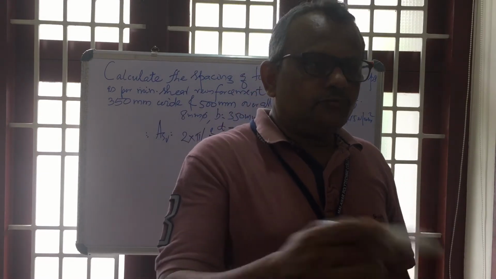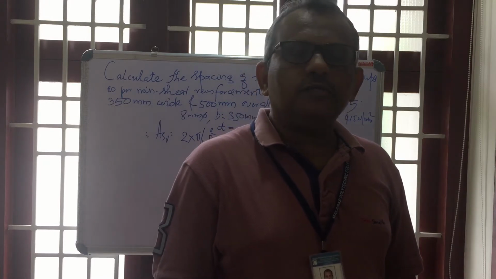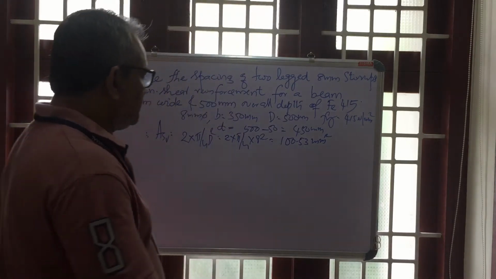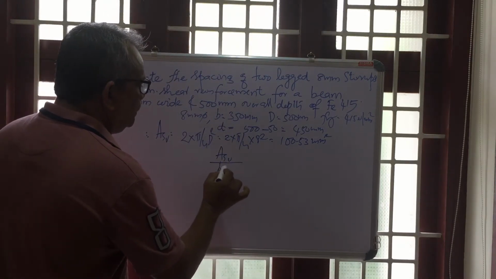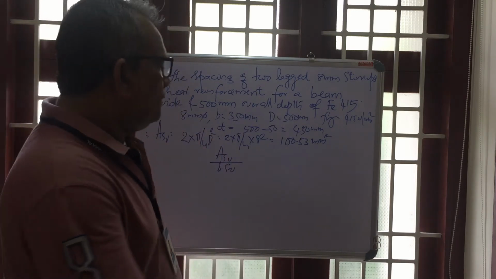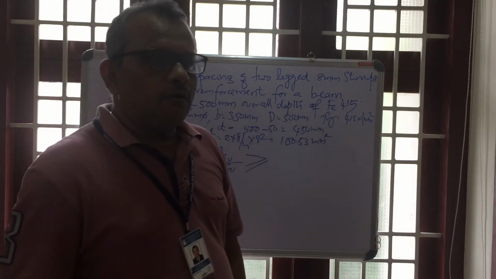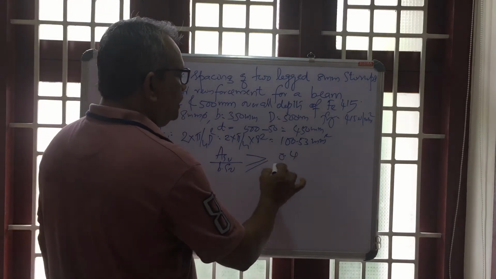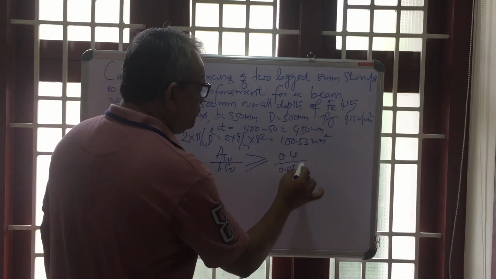Now refer to the code IS 456. From the code you can see the relation: Asv divided by b into Sv should be greater than or equal to 0.4 divided by 0.87 Fy.